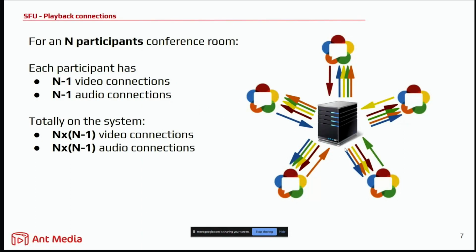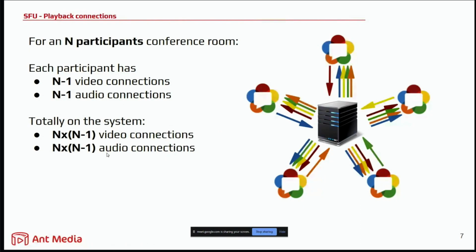Each participant should have N-1 video connections and N-1 audio connections to get the other participants' streams. Totally, on the system, there will be N times N-1 video connections and N times N-1 audio connections.